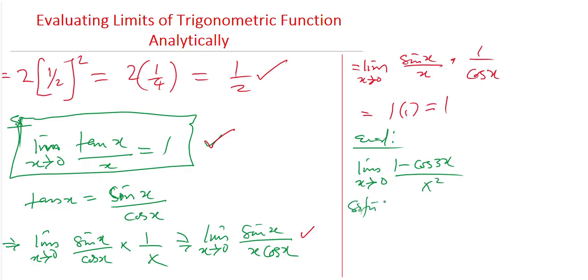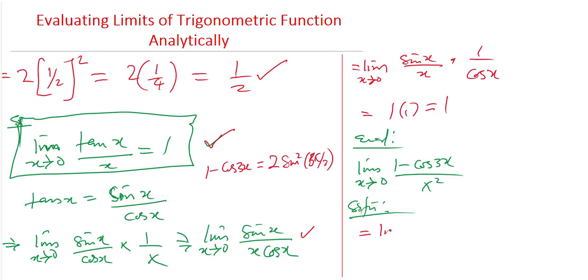You may pause the video before watching the solution just to try your hands on it. So we already know that 1 minus cos 3x is the same thing as 2 sine square, instead of x now it is 3x all over 2, right? So let's replace that in that expression.